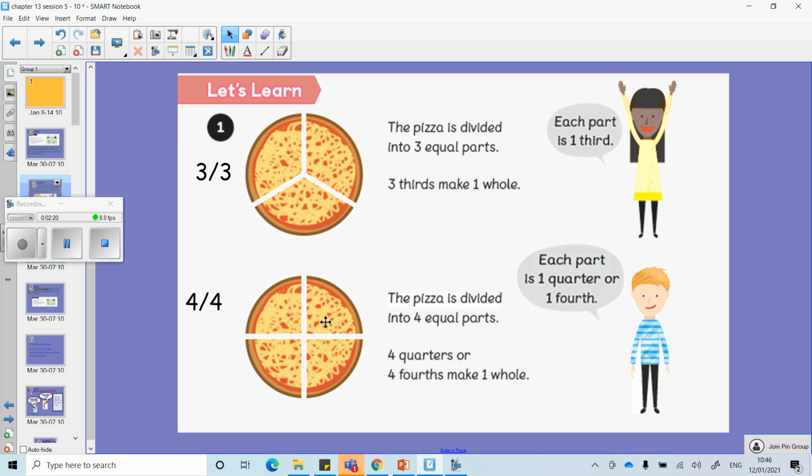There's 1 part, 1/4. But he ate all 4 parts, 4 quarters. The pizza is divided into 4 equal parts. 4 quarters or 4/4 make 1 whole. So they both ate 1 whole pizza. It's just that they divided them up into different fractions.